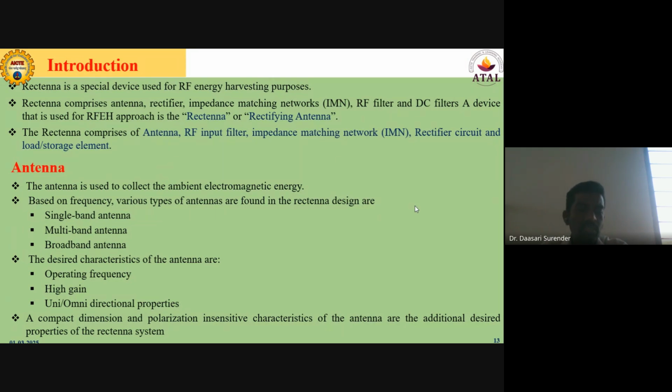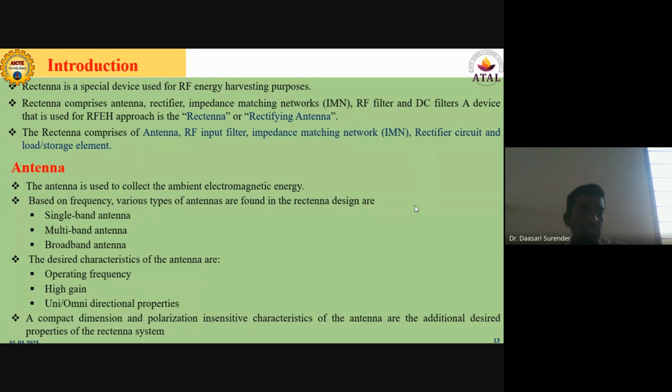And the desired characteristics of the antenna: operating frequency is the main important characteristic for the antenna in designing the rectenna system. High gain is also an important characteristic parameter to increase the receiving power. And the directional properties also play an important role in designing the antenna for the rectenna system.